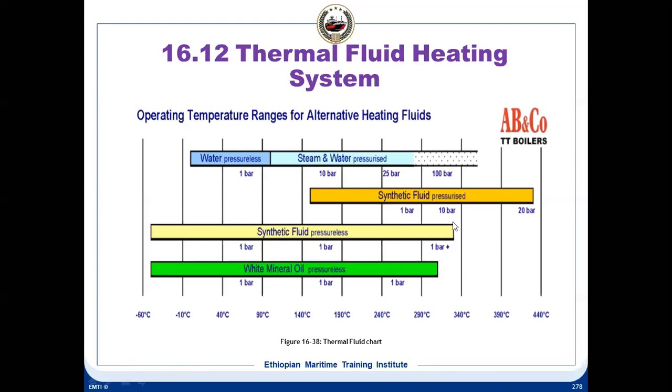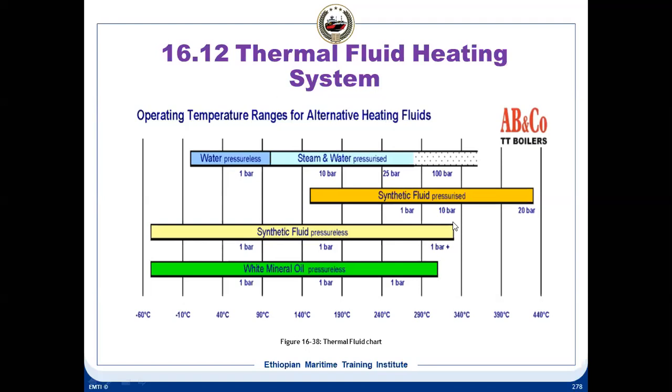But is this 1 bar pressure enough to circulate inside the system, or do we have another system to pressurize the fluid? No, it should be enough to keep the fluid moving. If you recall in the class, I had said that if your pump is somewhere at the bottom and this thermal oil is also going to your exhaust boiler, then we should factor in the head.